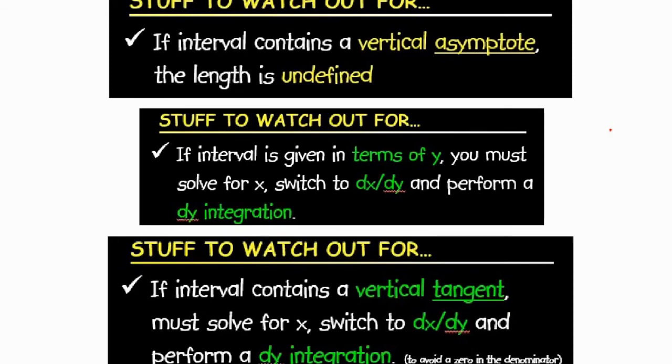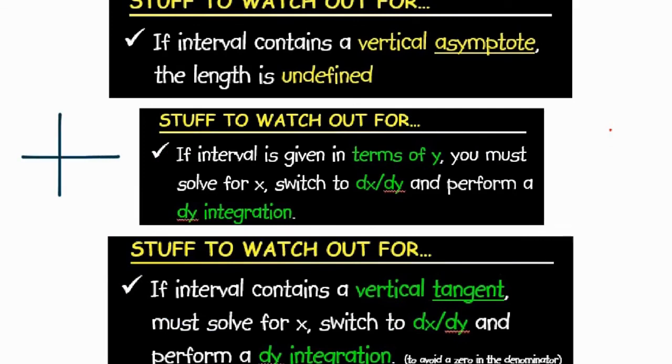So generally speaking, the length of a curve concept is pretty straightforward. It's just the square root of 1 plus the derivative squared. But you do have to be careful where sometimes you have to actually switch the way you do the problem. Honestly, both of these situations refer to a graph that is a little bit more sideways.